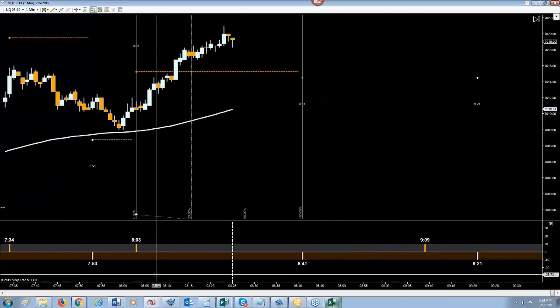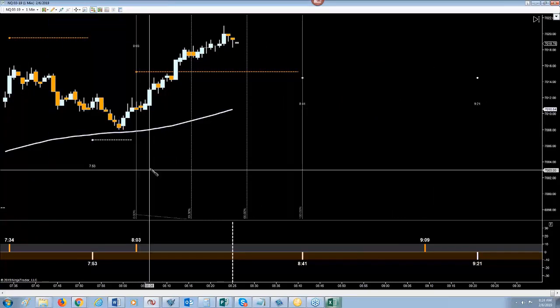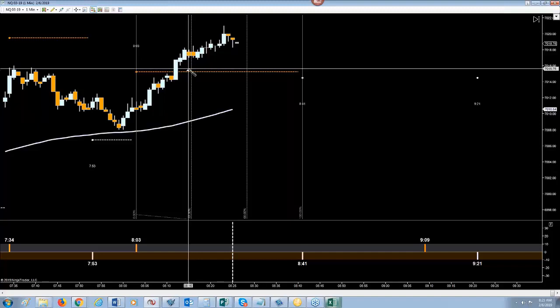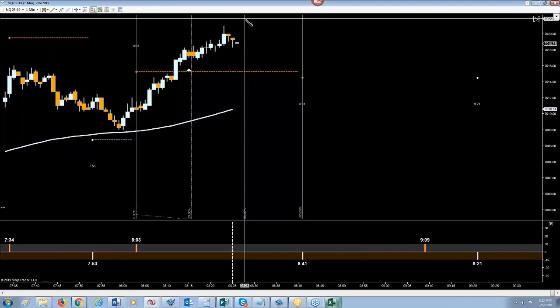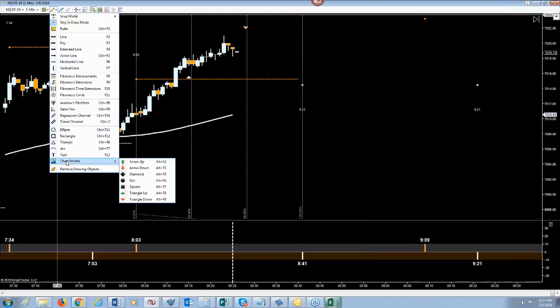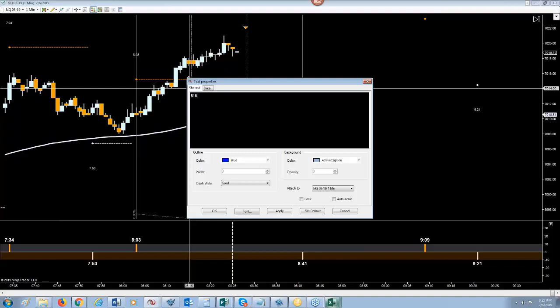Using the law of oscillation, we know that the very first line in the sequence was a buying pressure line right here. The line to the right of that is going to be a selling pressure line if we adhere to the law of oscillation. So that very first signal is 8:15.